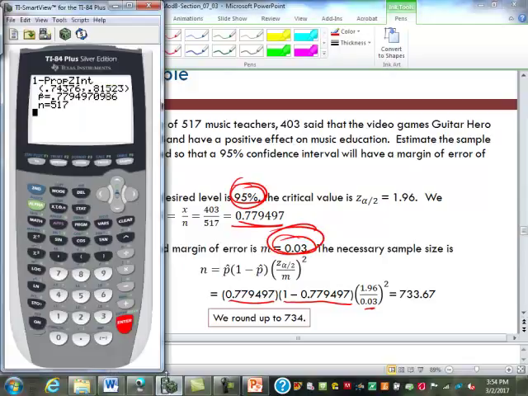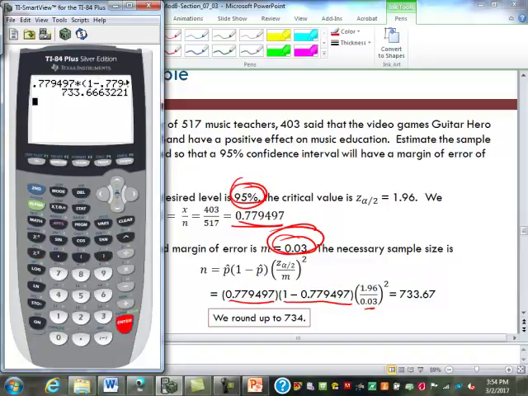So then I'll show you how to punch this in. 0.779497 times (1 minus 0.779497) times (1.96 divided by 0.03), with that part squared.